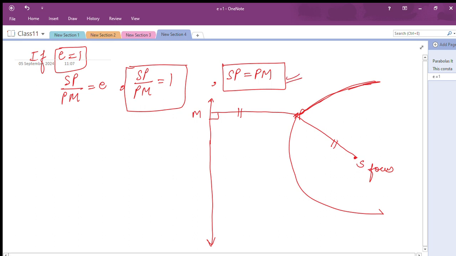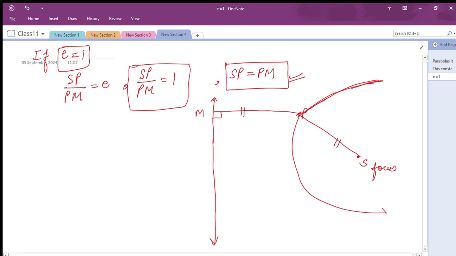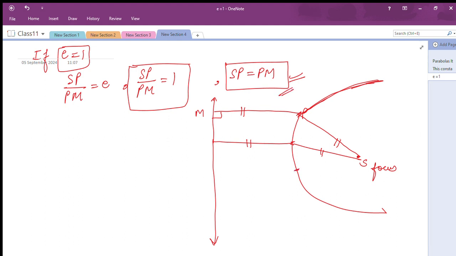The distance from point P to the focus and from point P to the directrix will be equal, because this moving point keeps the same distance from the directrix and from the focus. The definition says that PM equals PS when e equals 1.